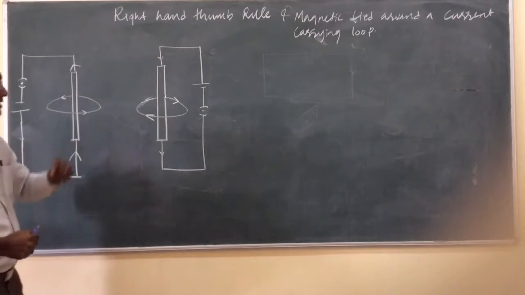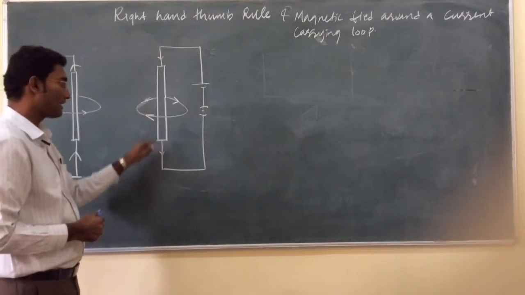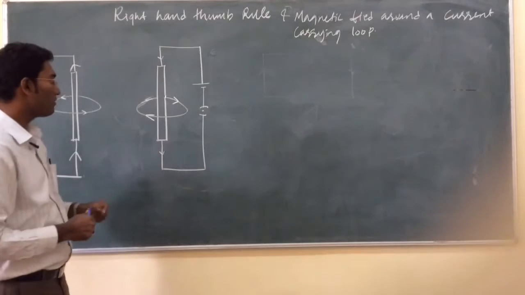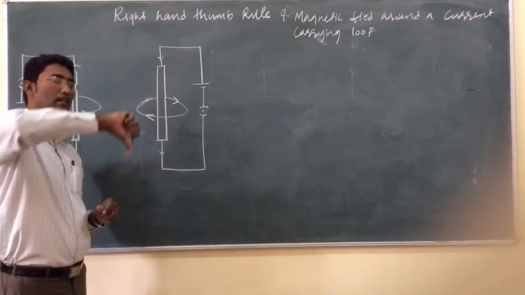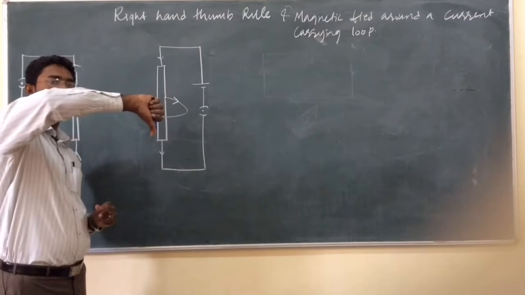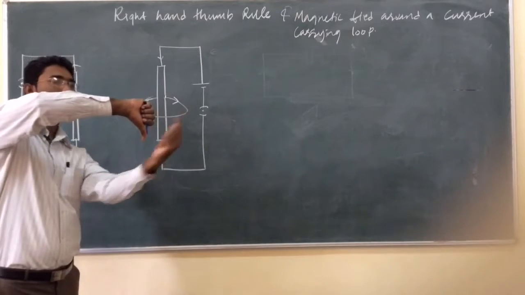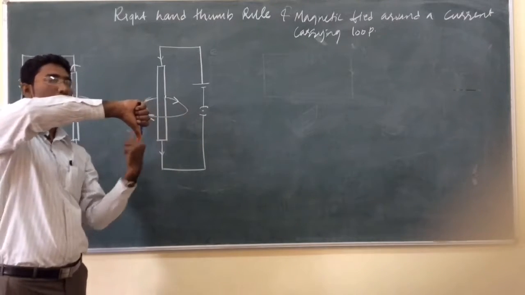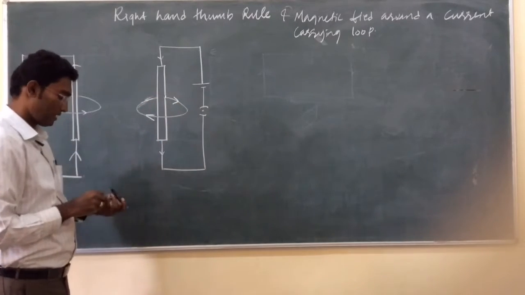Now applying the right hand thumb rule when the direction of the current is exactly opposite, what we have to do is hold the conductor in the right hand and then align and stretch the thumb in the direction of the flow of current. So this is the direction of the flow of current, and this will be the direction of the magnetic field.